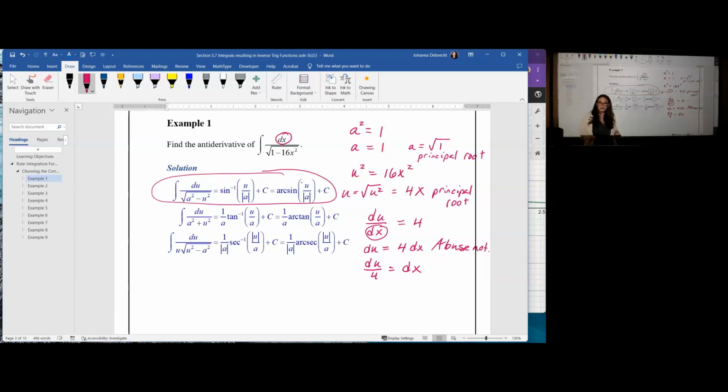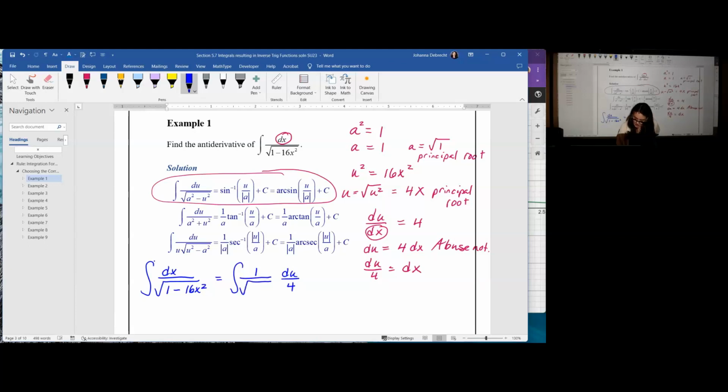Now I'm going to rewrite the original integral in the new format. So the integral of dx over the square root of 1 minus 16x squared becomes the integral. Replace the dx with du divided by 4, and you can write it to the side.